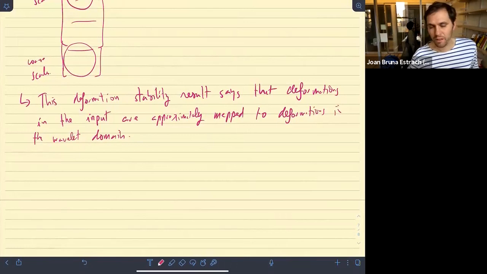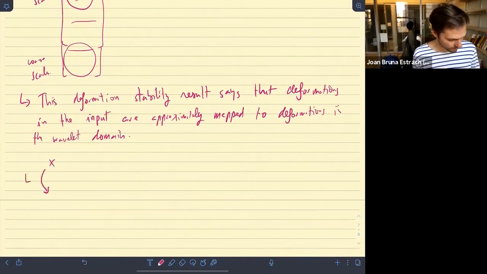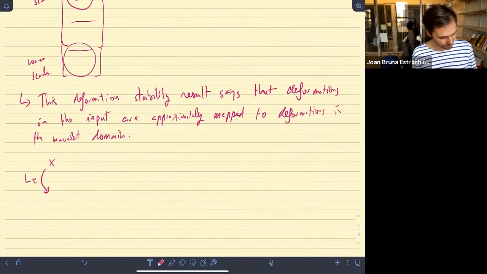So you want to think in terms of a commuting diagram, right? We have X. We can apply two things: we can apply our deformation operator, or we can apply our wavelet convolution operator.